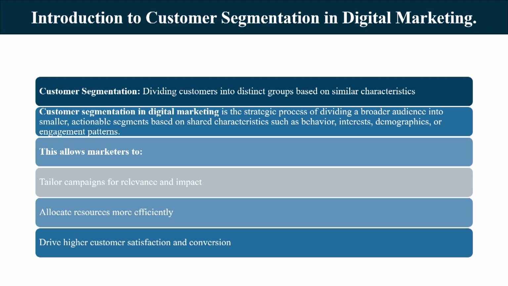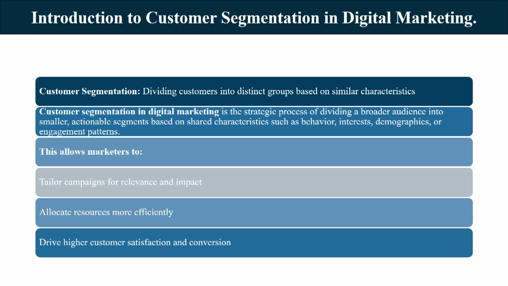Let us recap the very definition of customer segmentation. What does it refer to? Basically, at its core, customer segmentation refers to the process through which a heterogeneous market is divided into groups, where within the group elements will have homogeneity.